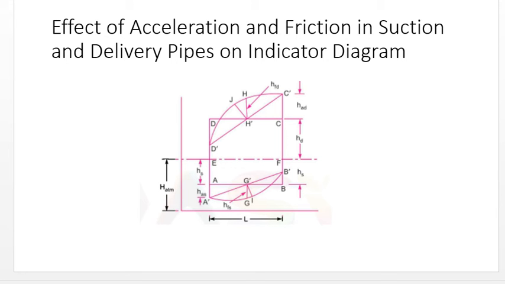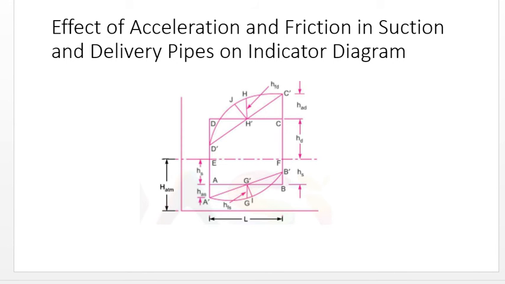And if we talk about the effect of friction on indicator diagram, in that condition this indicator diagram will become A dash, G, 1, B dash, C dash, this H, this D dash. This is the effect of the friction on indicator diagram.